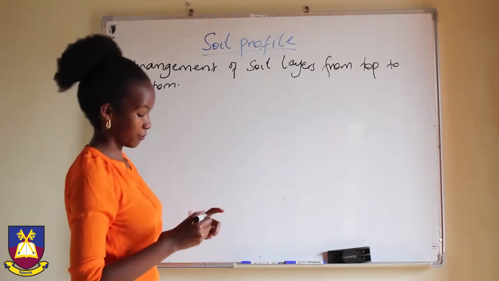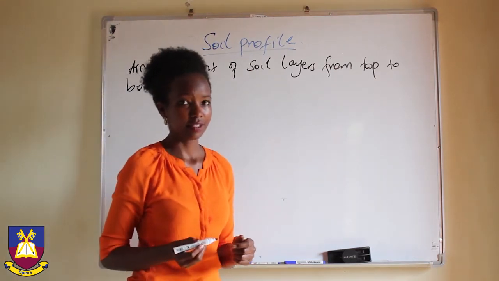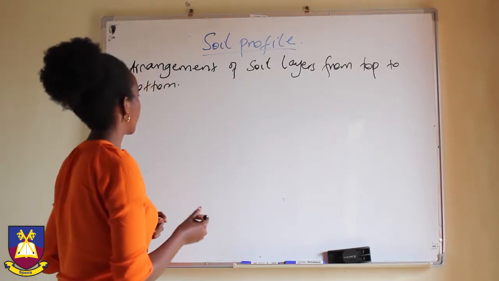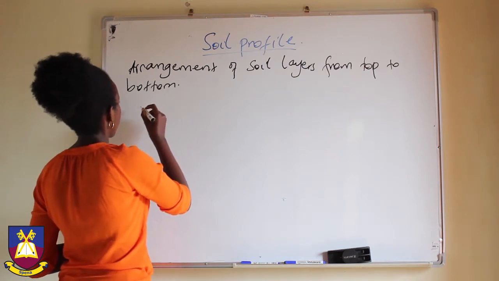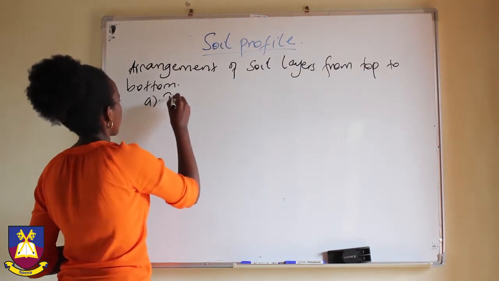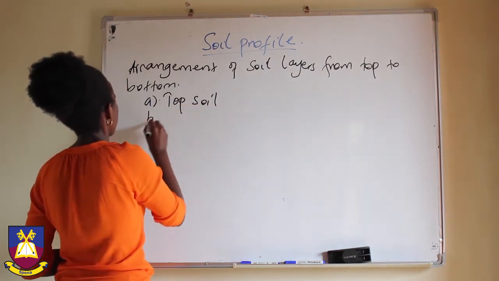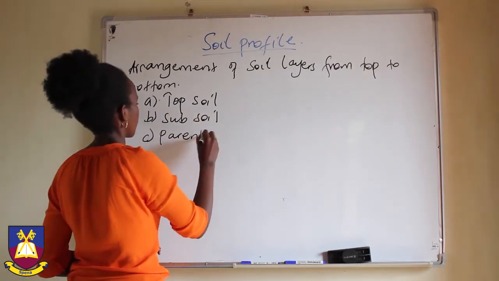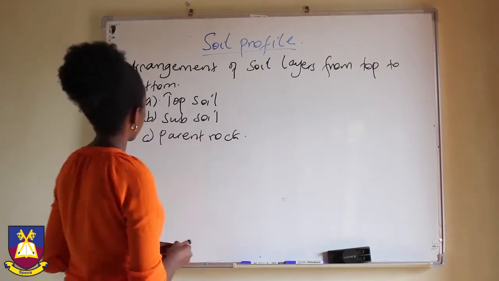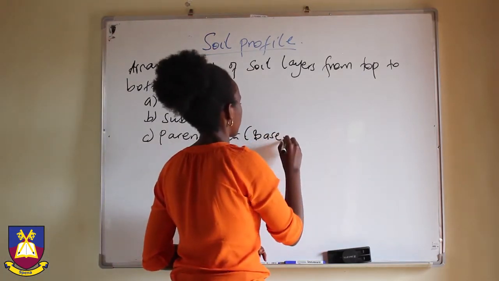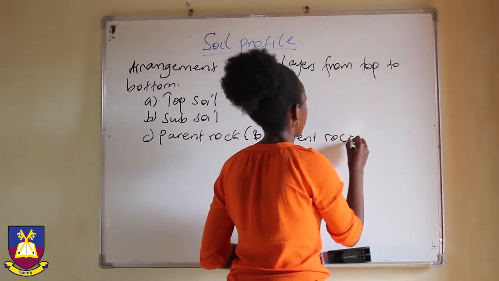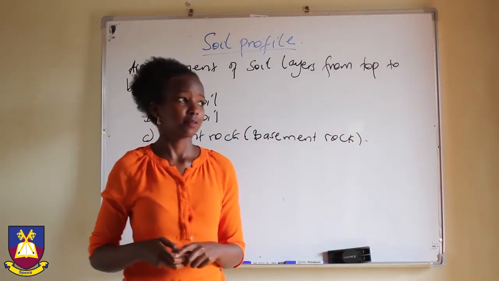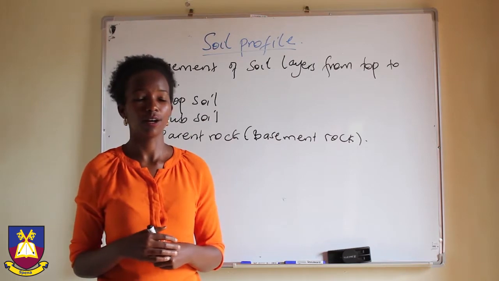Soil is made up of three major layers: topsoil, subsoil, and the parent rock. Topsoil is where we plant our crops.